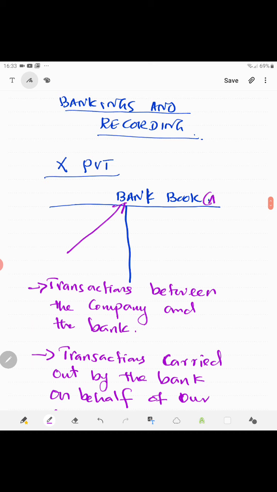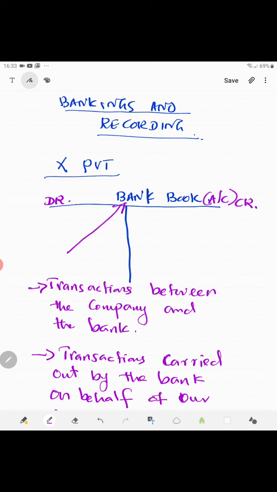Sometimes we call it the bank account. You can clearly see that this record belongs to our own company. Our own bookkeeper, our own accountant, our own assistant accountant will record any transaction here. This is the debit side and this is the credit side.